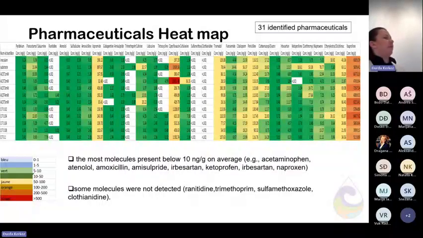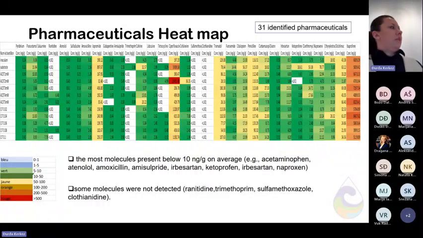Concerning pharmaceuticals degradation, these are results of our colleagues. We got this heat map, and the legend says that most of this heat map is green, so that means that most molecules are present below 10 nanograms per gram on average, and they identified 31 pharmaceuticals.